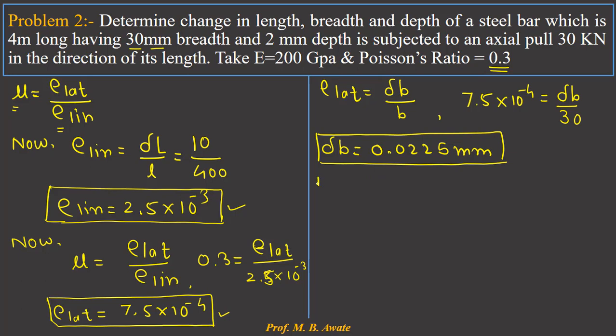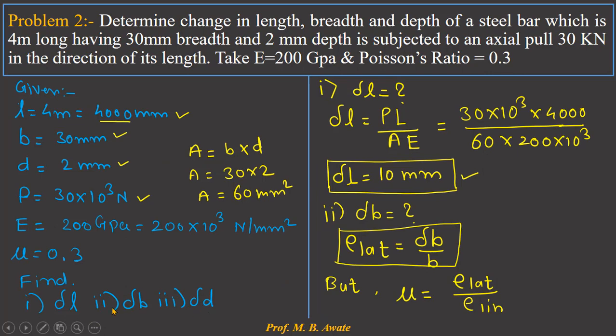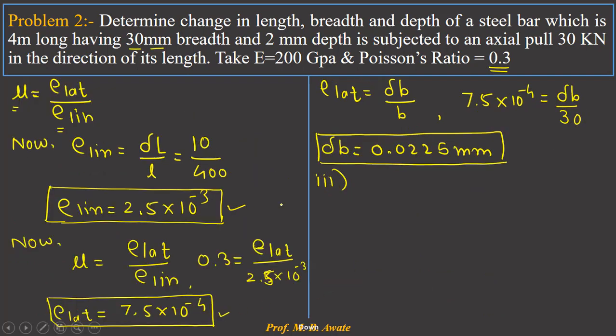And the third objective was, we have to calculate the value for delta D. Delta B we have done. We will calculate delta D, that is nothing but change in depth. Okay, so again, E lateral or lateral strain is also the ratio of change in depth to its original depth. So what is lateral strain? We already have the value here.